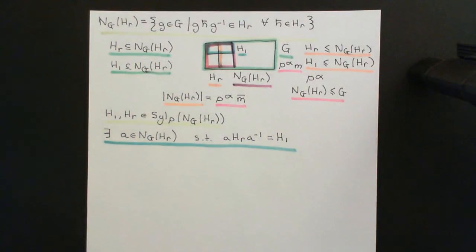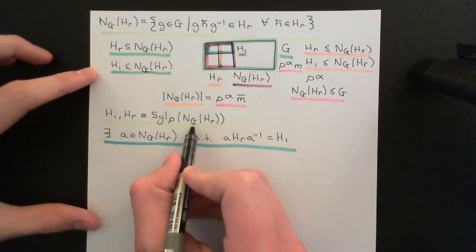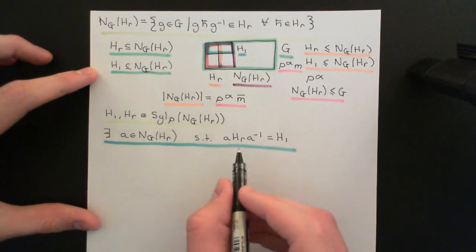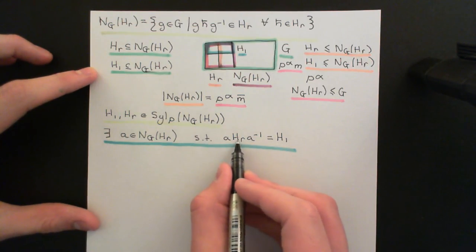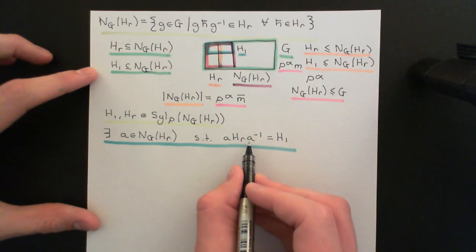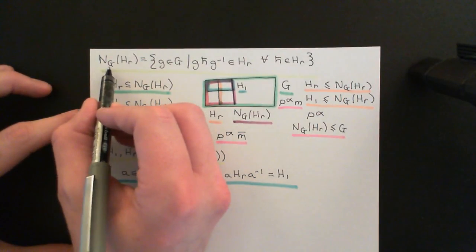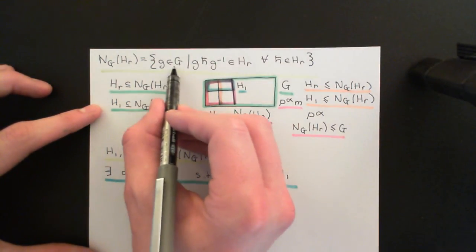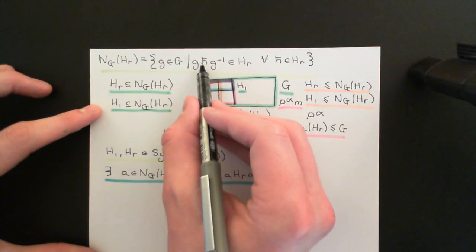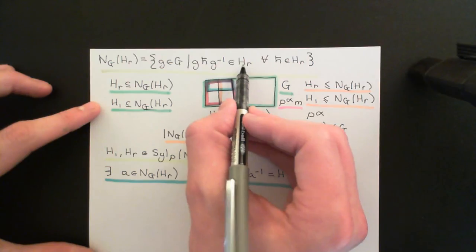Okay, now why is there a problem with that statement? Well, the problem with that statement is that all the elements of the normalizer of HR in G are defined to conjugate any element of the subgroup capital HR and send it onto another element in capital HR. Here is the definition of the normalizer of HR in G. It's all elements of the group capital G such that when they conjugate any element of the subgroup capital HR, you get another element of capital HR.